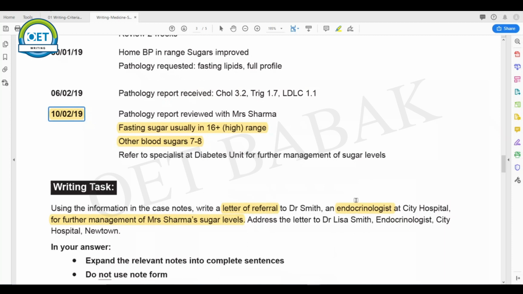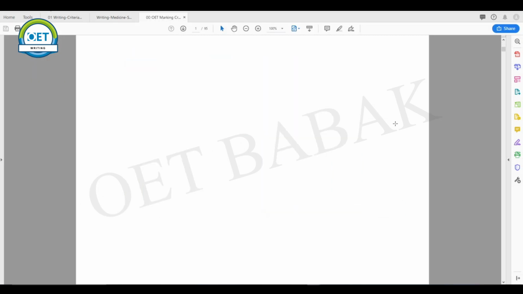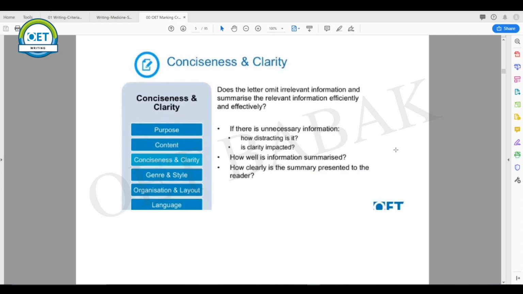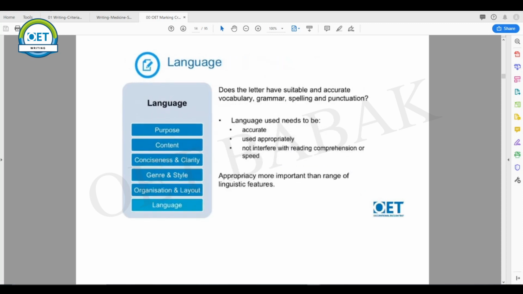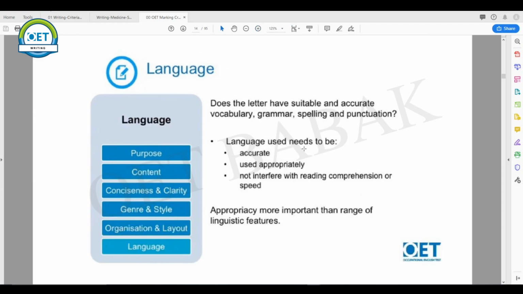If I show you, I just refer you to this marking criteria, which is, I mean, the last part is language, okay? And does the letter have suitable and accurate vocabulary, grammar, spelling, punctuation? Language use needs to be accurate, used properly, appropriately, and not interfere with reading comprehension.